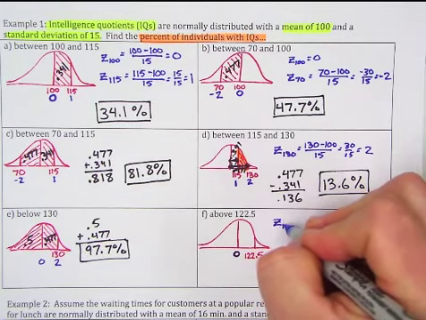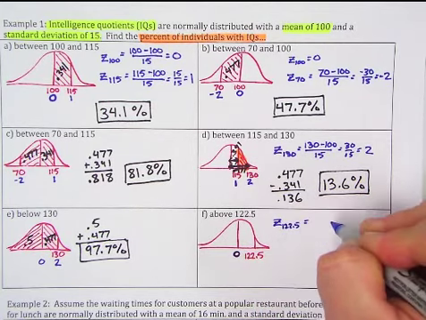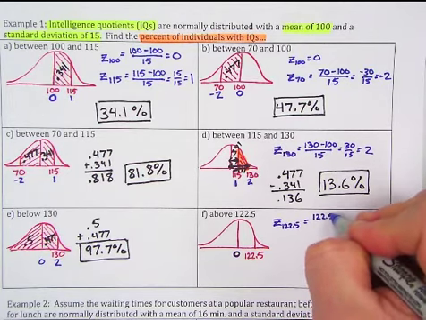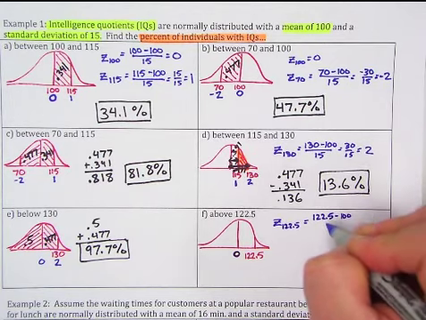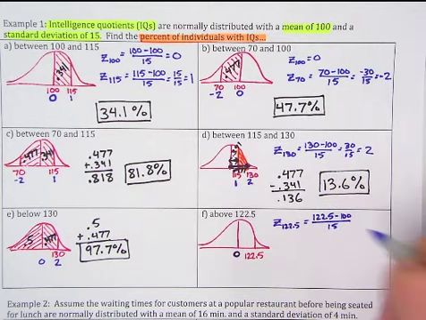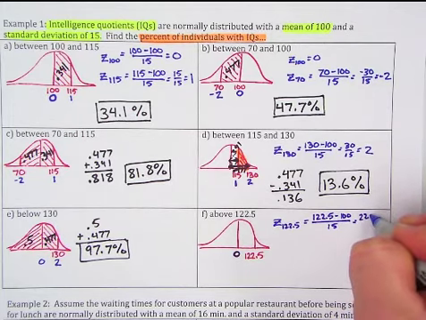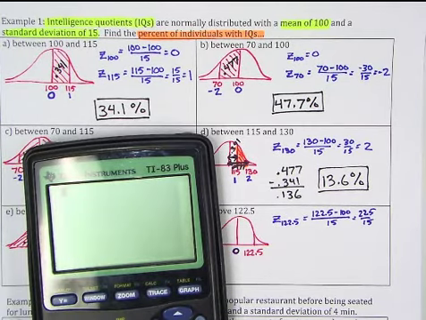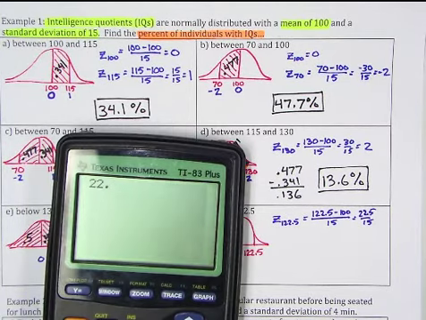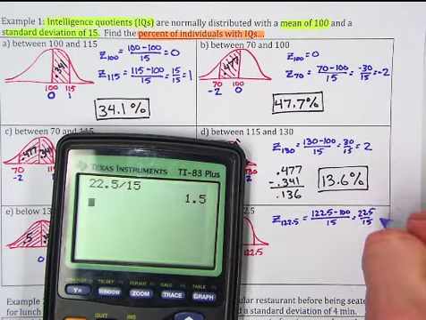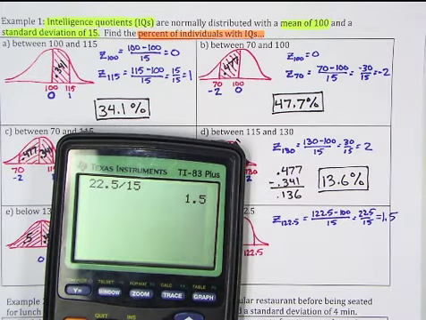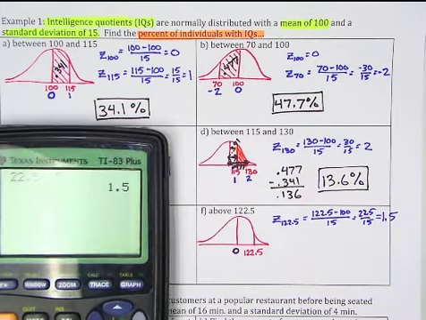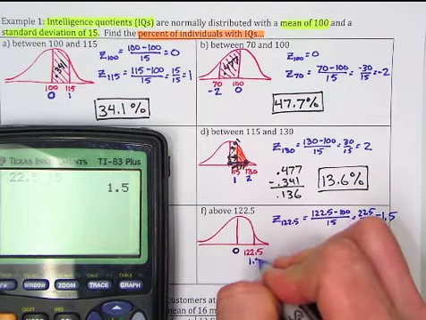So we have z of 122.5 equals 122.5 minus 100 over 15. That's going to be 22.5 over 15. And what do we get in our calculator here? We get 1.5. Alright, so we're going to go ahead and put 1.5 down here.